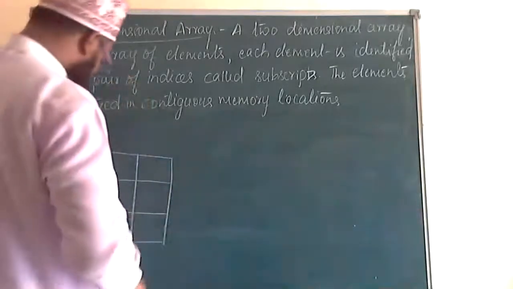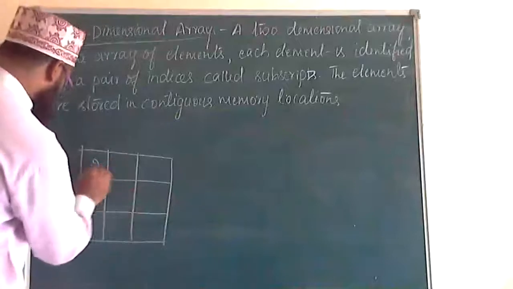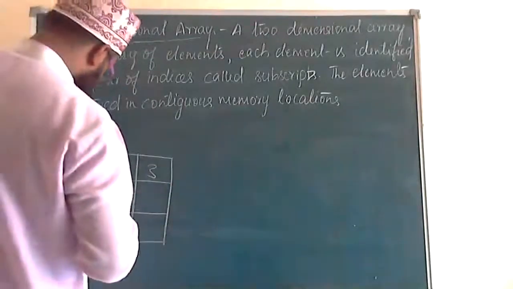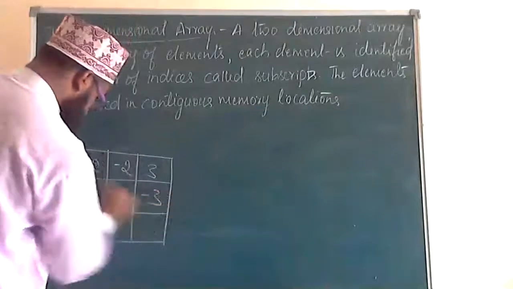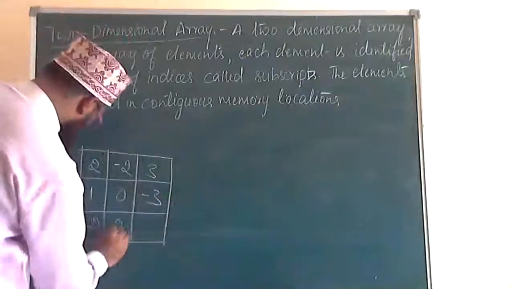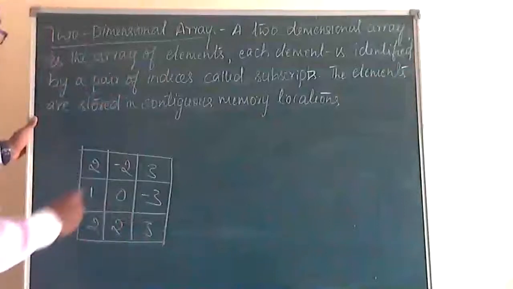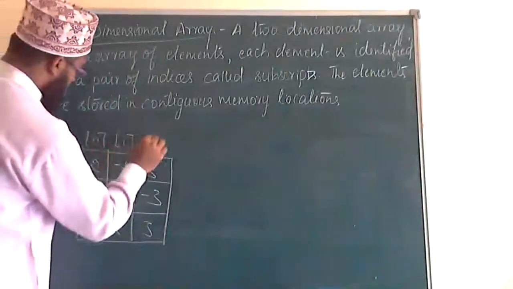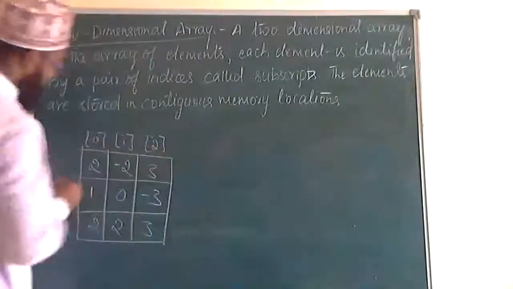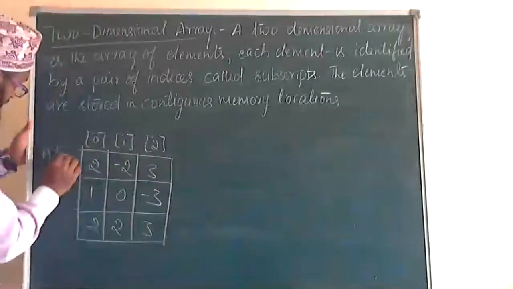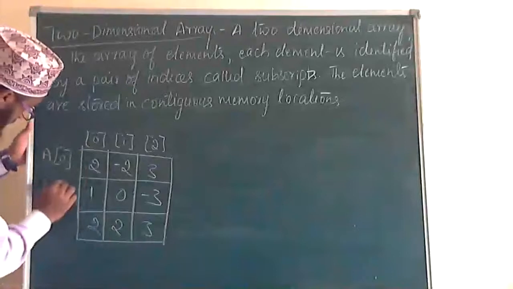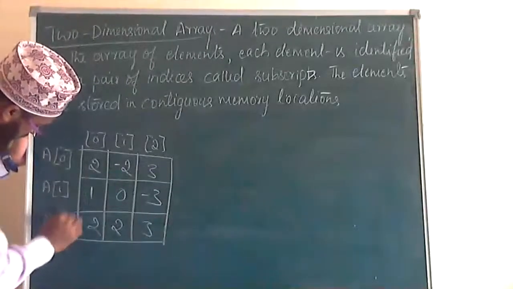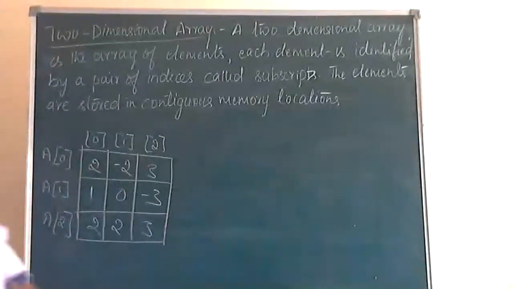I'll take a textbook example: 2, minus 2, 3, 1, 0, minus 3, then 2, 2, 3. Here we'll take it as 0, 1, then 2. Here a of 0, a of 1, then a of 2.